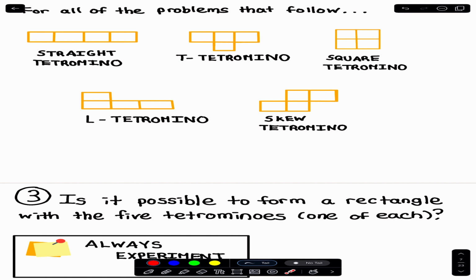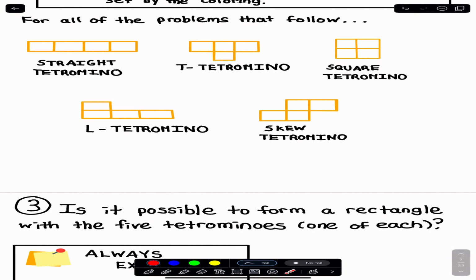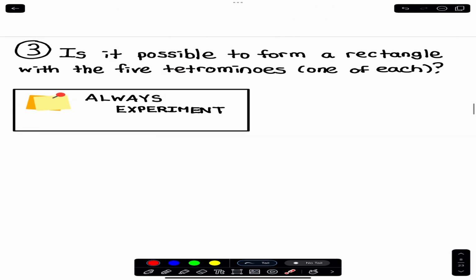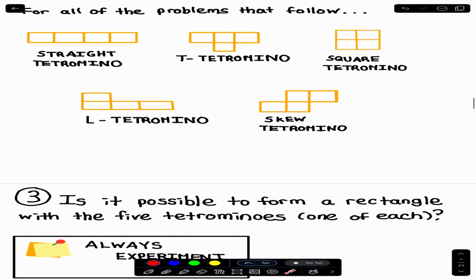So your first question is: is it possible to form a rectangle with the five tetraminos, one of each? So using one straight, one T, one square, one L, one skew, can you make a rectangle? And I left the sticky note here to remind you, have fun with the problem first. So always experiment.